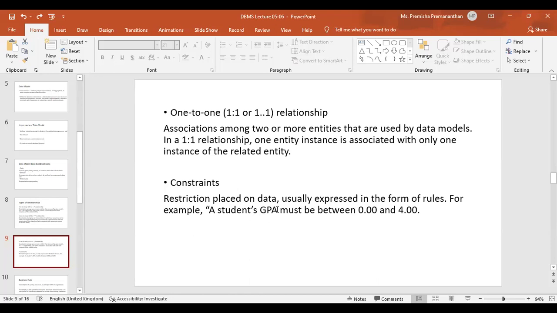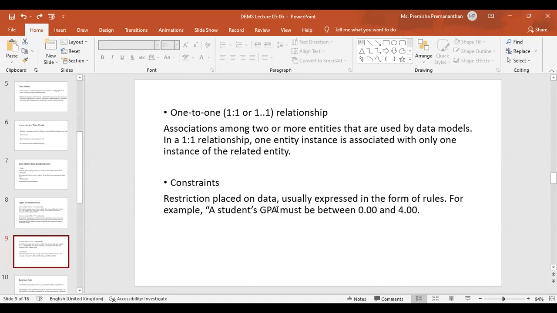Student is the entity, and GPA is an attribute, and that attribute has a number data type. Is that enough? No, right? For that, we have to put a constraint. Like if we put a number, they can go for more than 4 or 5, more than 4, right?